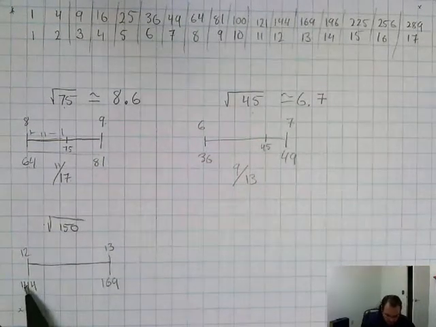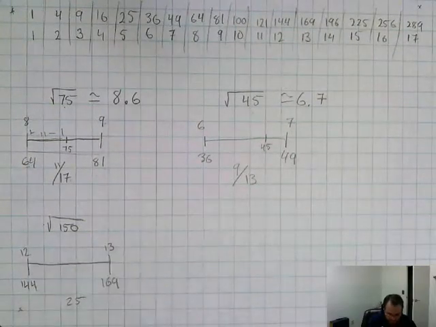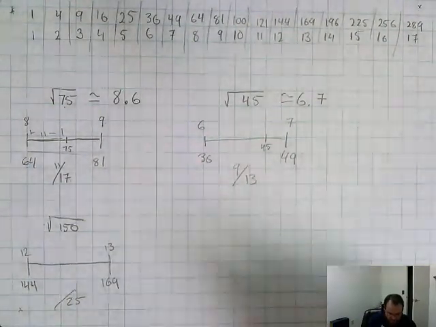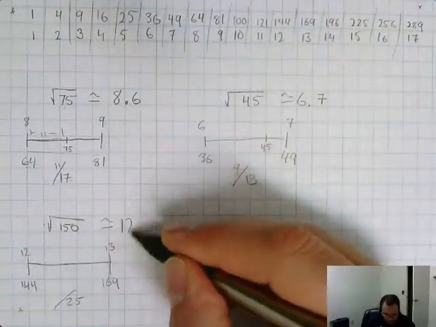Altogether, 12 plus 13 is 25. I know it's automatically going to be the lower one, 12 point something.